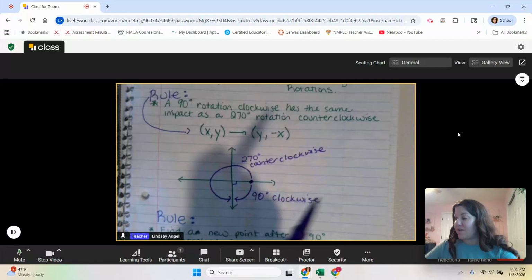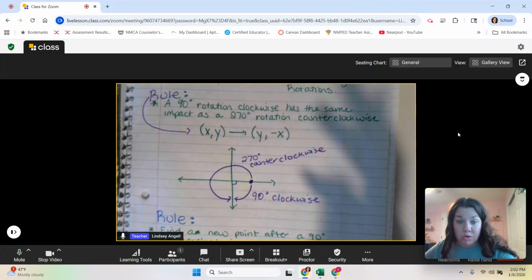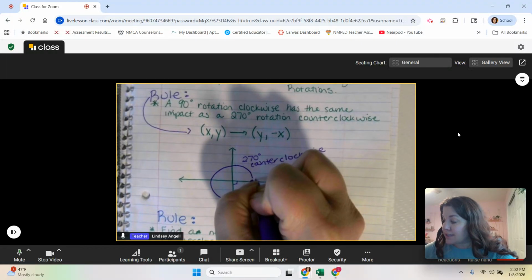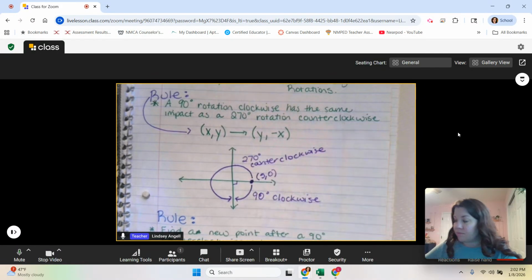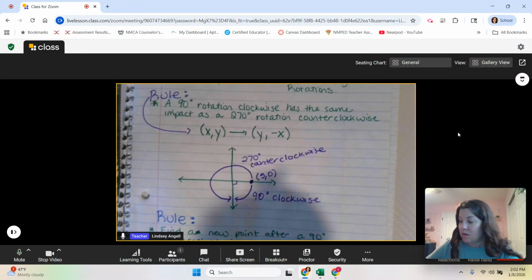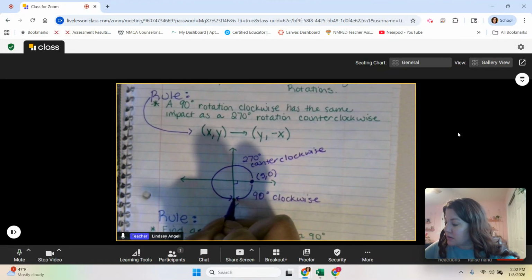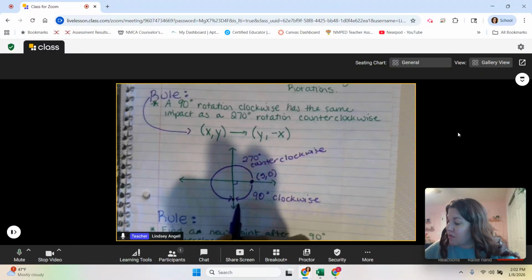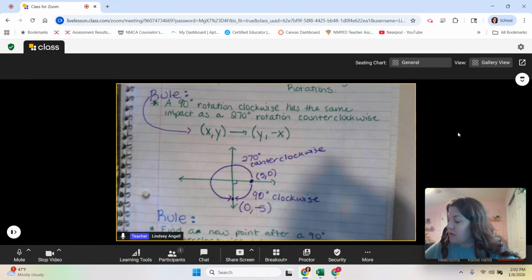Okay, let's do an example to show you what I mean. Let's just say that this is point 5, 0. Well, 90 degrees clockwise, that would now be 0 for my x value and -5 for my y value.